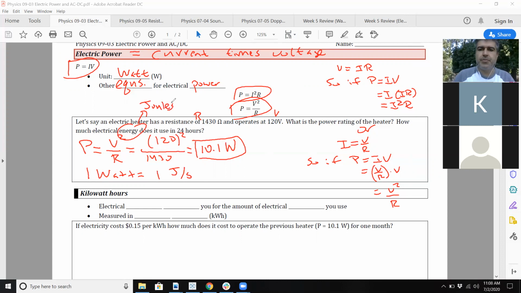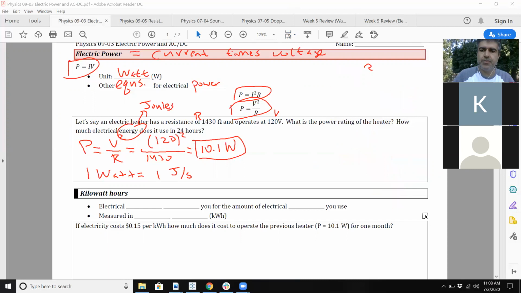So all you have to do, let me clear some of this other stuff because we don't need it anymore. Okay. Come on, my mouse is acting up here. Okay. So 10.1 joules per second, and 24 hours. Remember, 1 hour is 3,600 seconds.